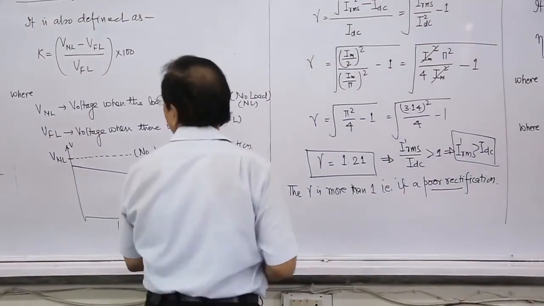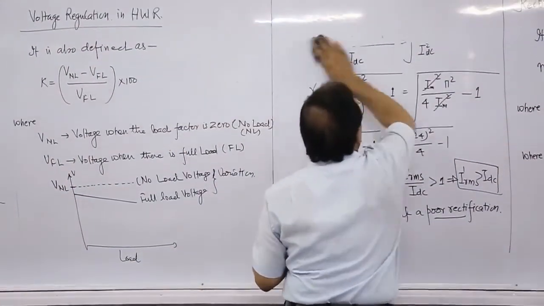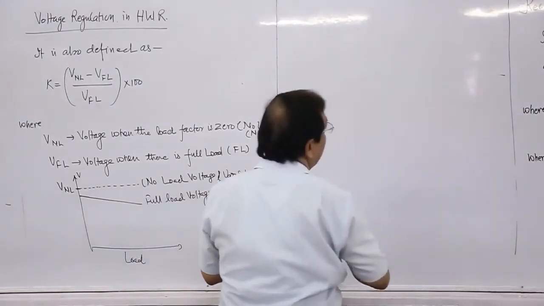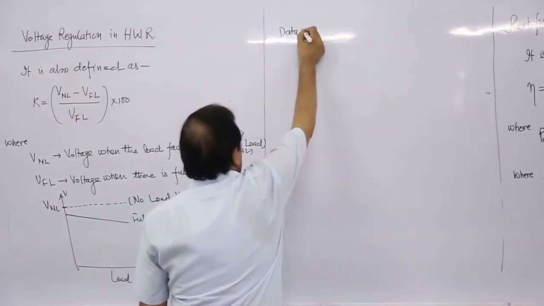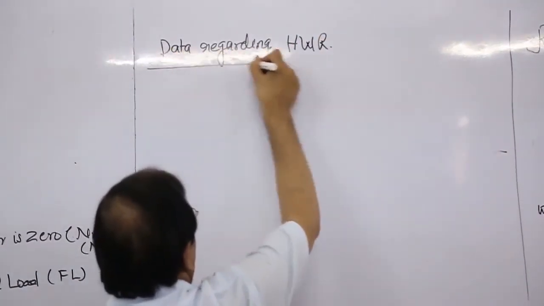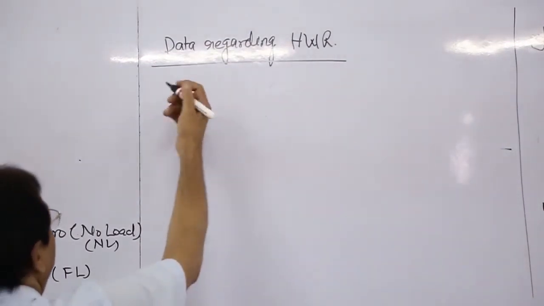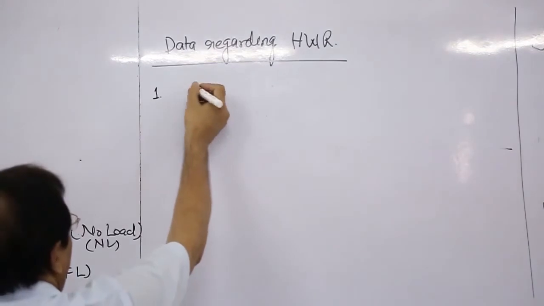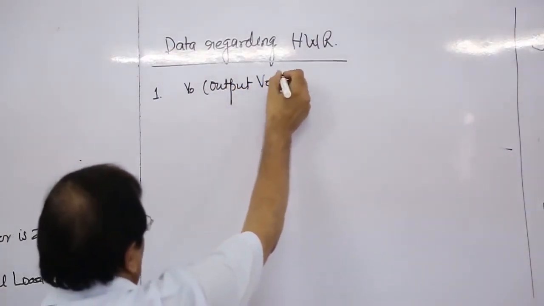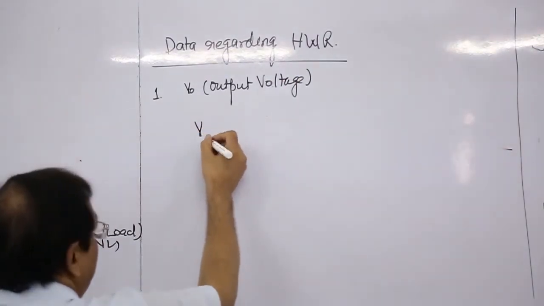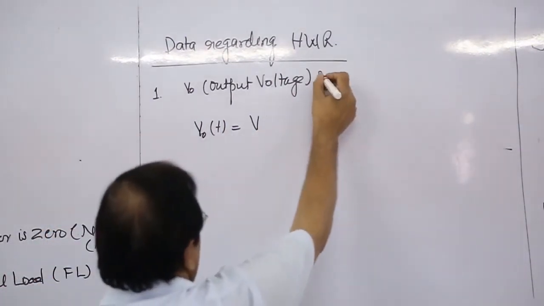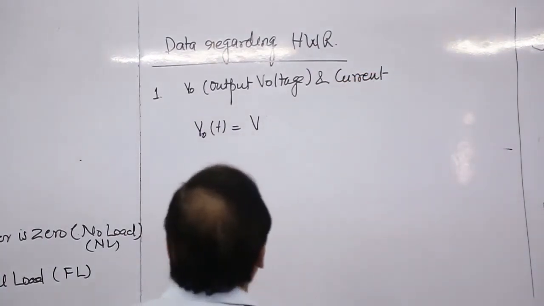So, in half wave rectifier, what we have finally, the data regarding half wave rectifier is, first, output voltage and current output.